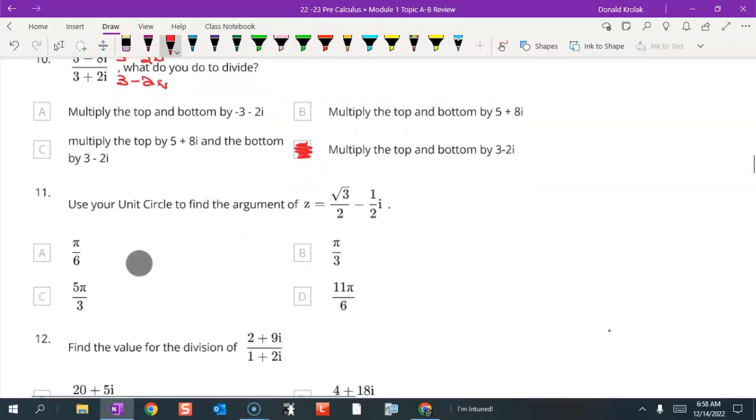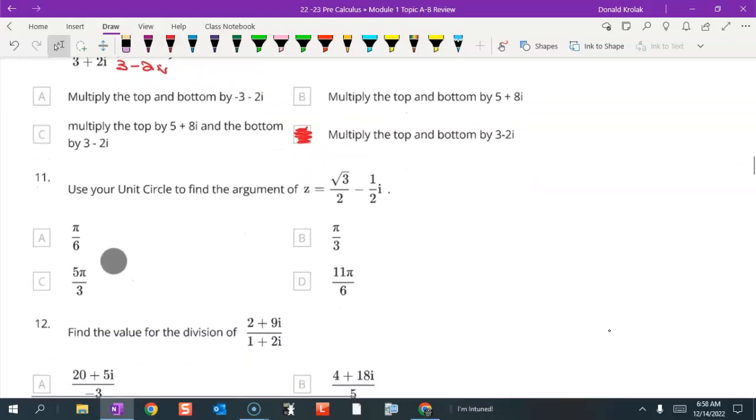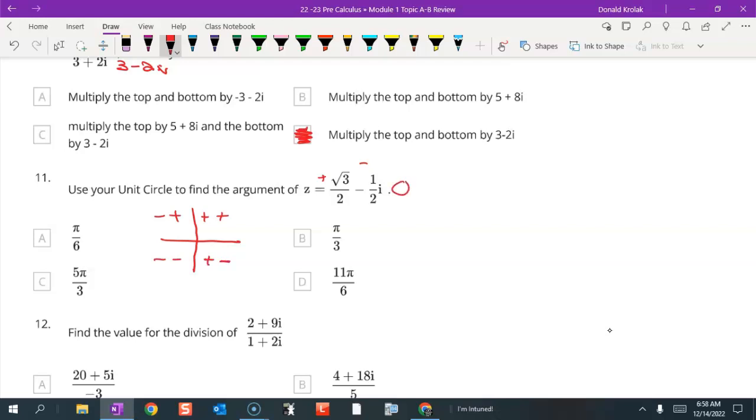Okay, use your unit circle to find the argument. All right, so this is a positive, negative, so that's going to be in quadrant 4. Positive, positive, negative, positive, both negative, positive, negative. So this is in Q4. I'm going to go to my unit circle and find those cosine and sine values.